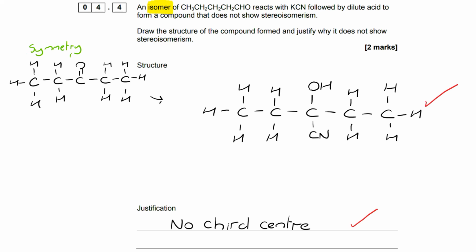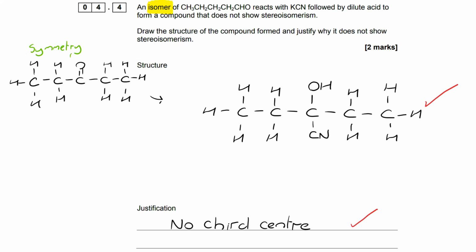Well, when you do this, you're thinking of an isomer that's going to prevent us having those different stereoisomers. So my structural isomer is, in this case, a functional group isomer. I'm going from pentanal to pentan-3-one, and that pentan-3-one has a level of symmetry.